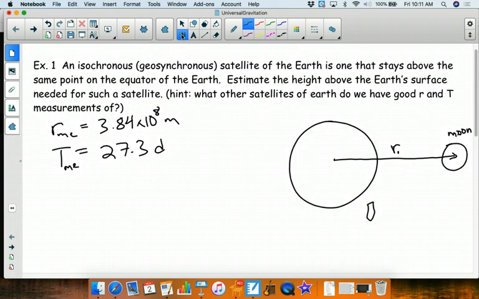The distance from the center of the Earth to the center of the moon is RME. So we'll call this one just R. What's R? We don't know. And what's the period going to be for the satellite if it's geosynchronous or isochronous? That means it stays above the same position on the equator of the Earth. So what's the period going to be? 1 day, correct.